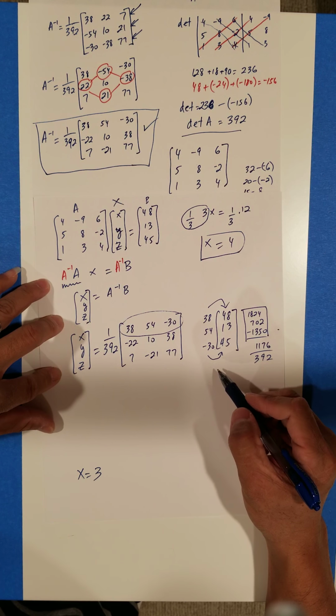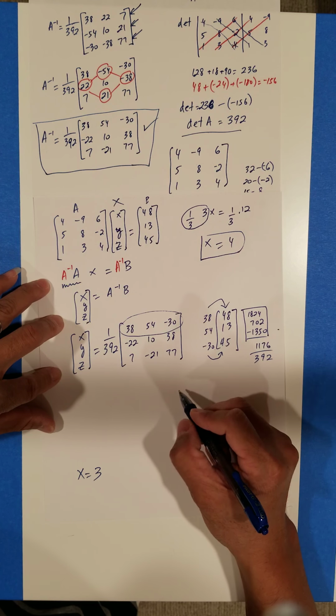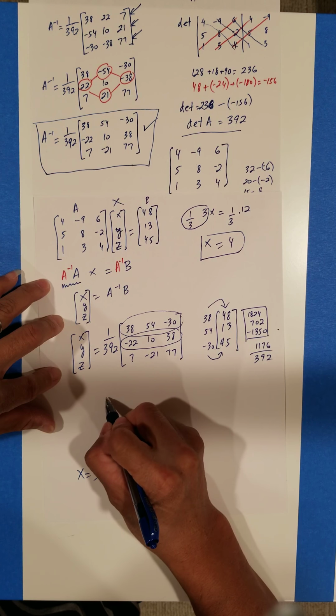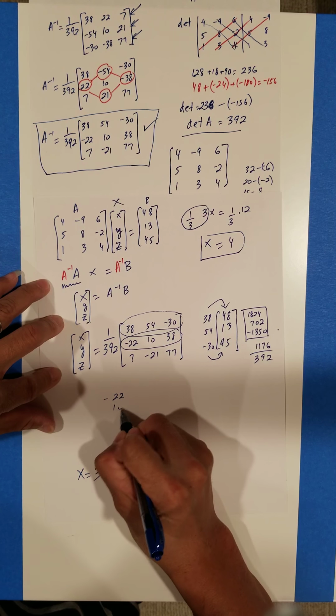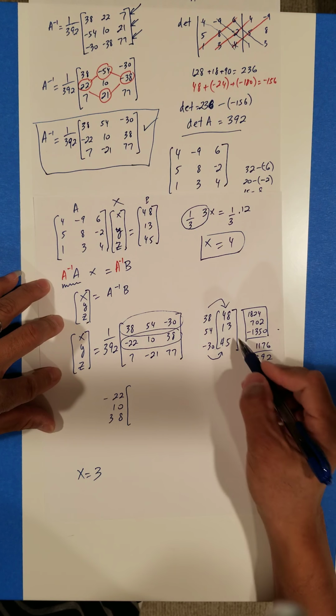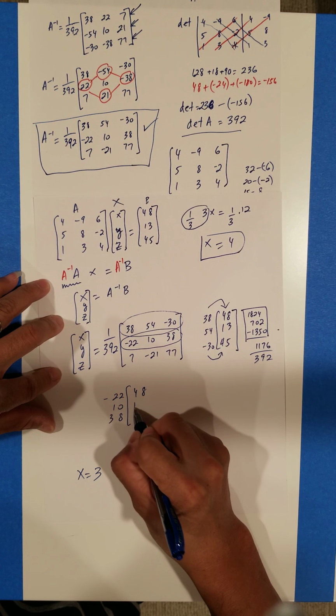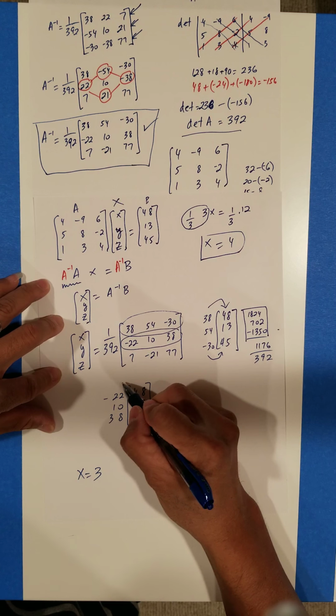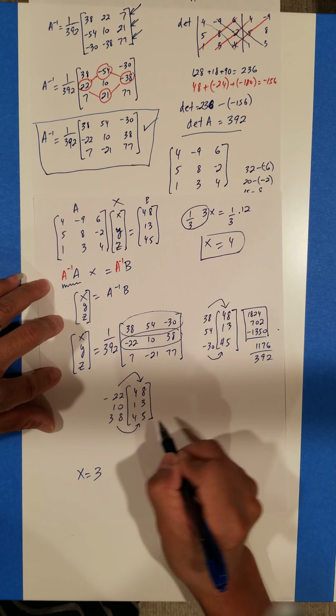Very simple, right? Now I just do it again for the second row: negative 22, 10, and 38. I'll multiply with the 48, 13, and 45. Again, multiply and add.